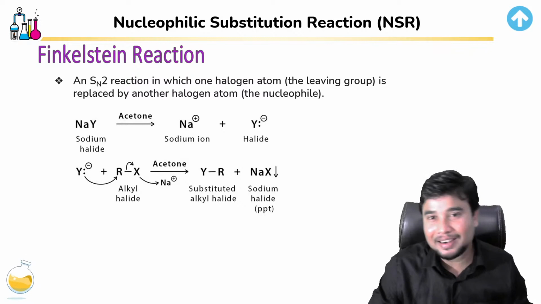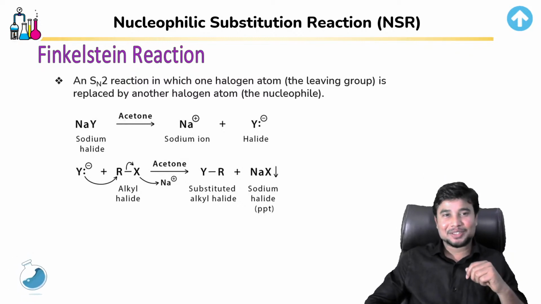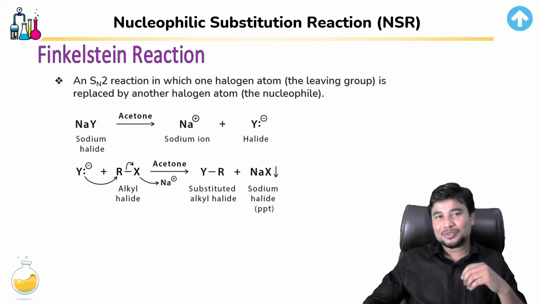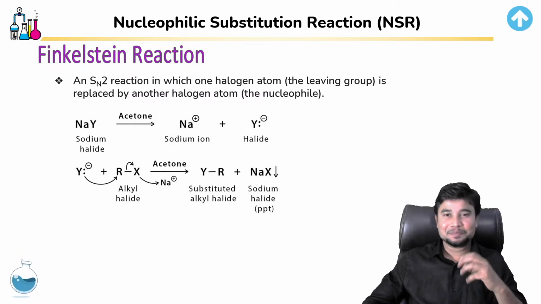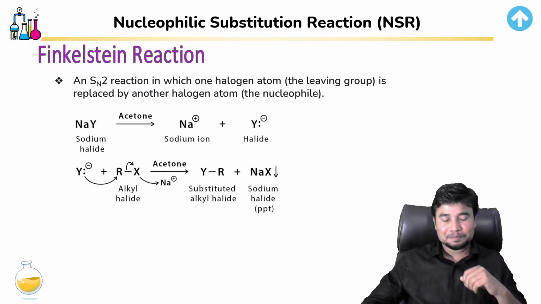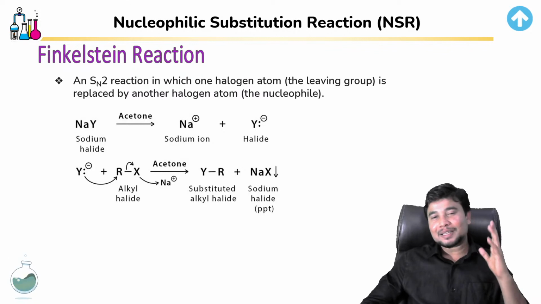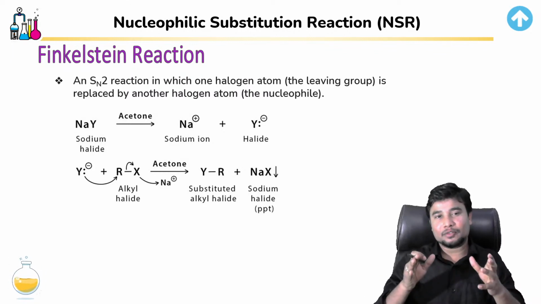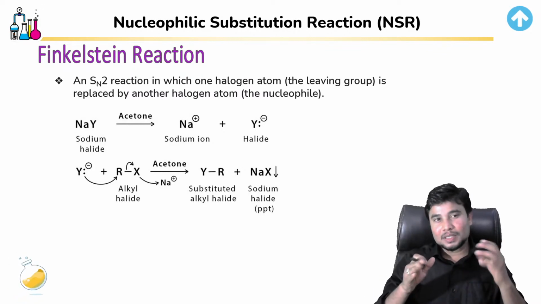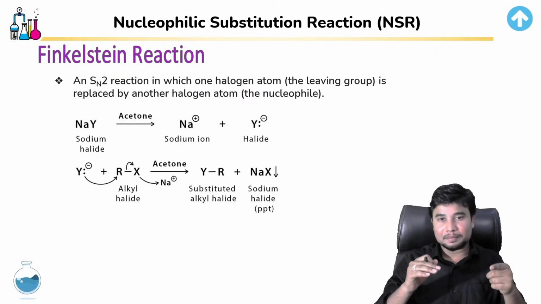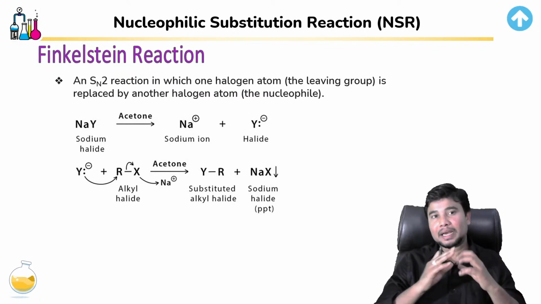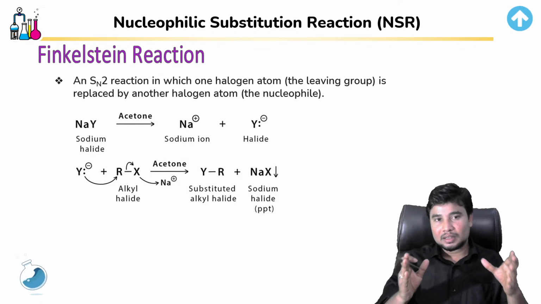So let us move and understand this Finkelstein reaction. There's one very, very useful thing in this Finkelstein reaction. Many reactions are there where the reactant and the substrates are the only thing that decides the outcome. But this is the reaction where the medium has much more importance than other things.